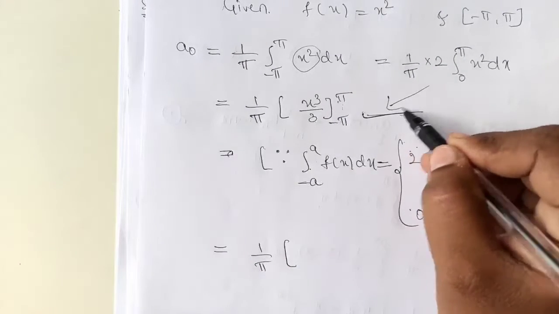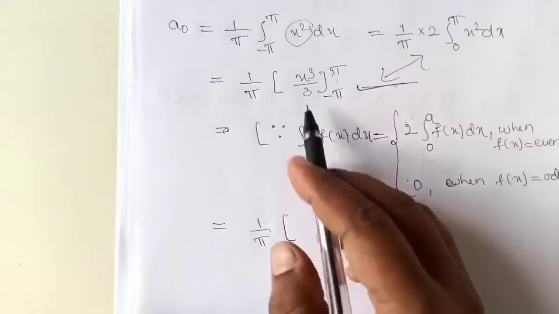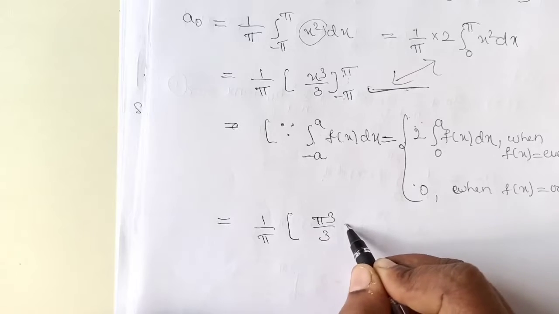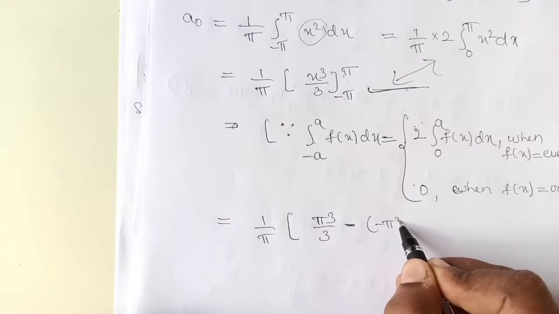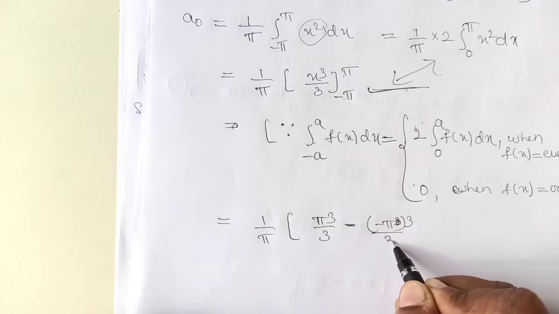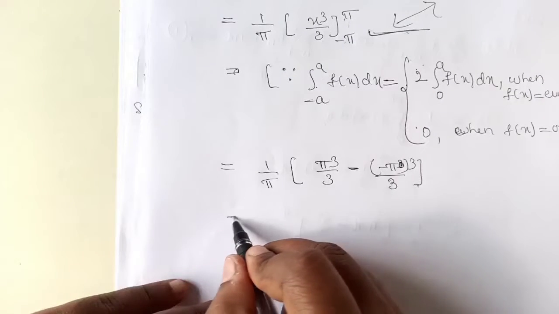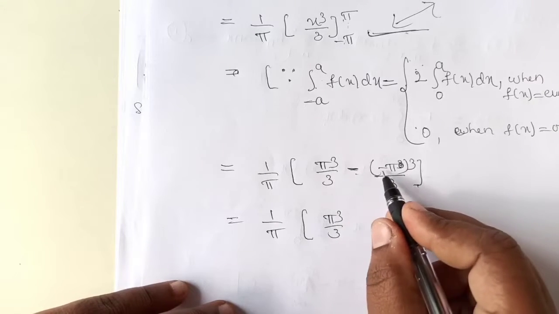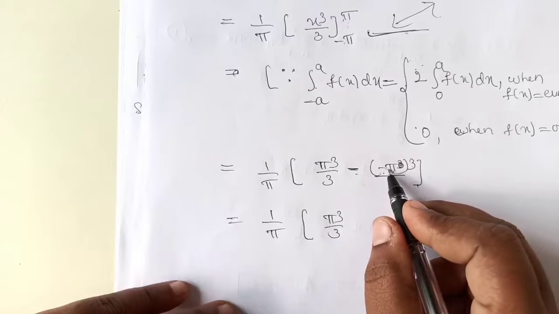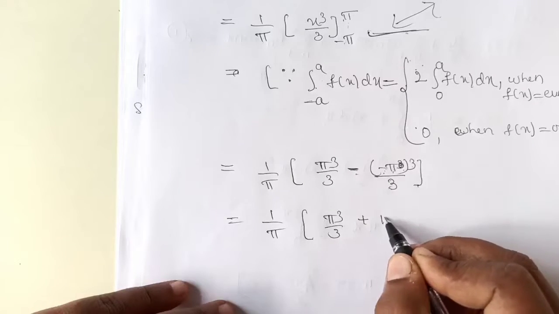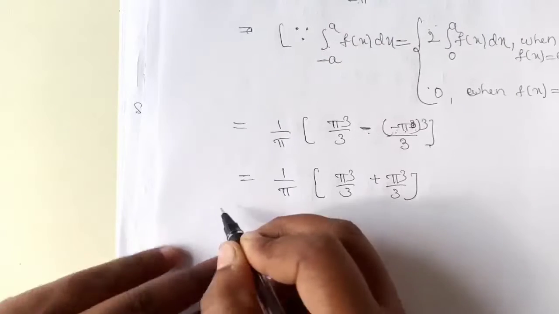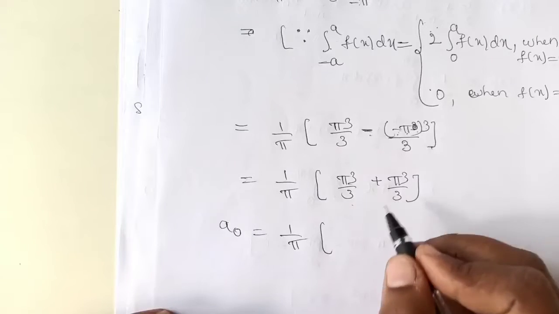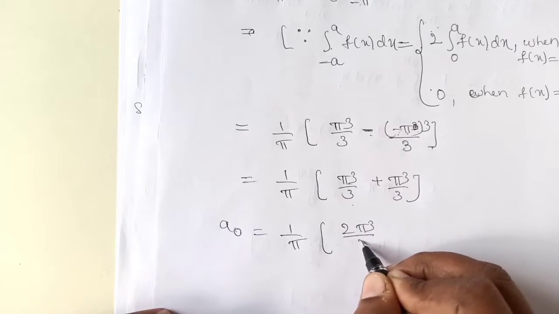By using these two formulas we get the same answer. x cube means first applying the upper limit, pi cube by 3, minus the lower limit, minus pi cube by 3, so we get 1 by pi into pi cube by 3 plus pi cube by 3, which is 2 pi cube by 3.